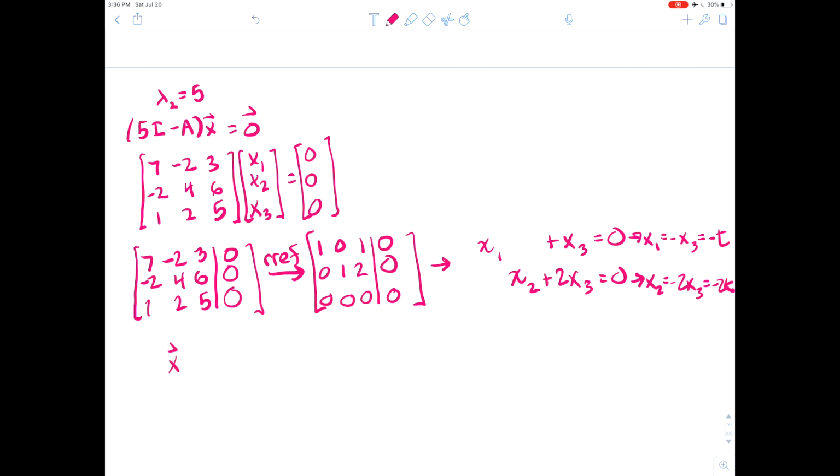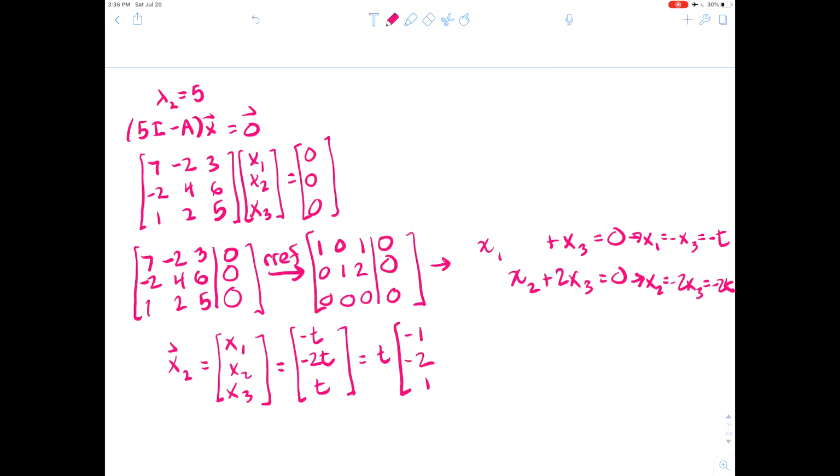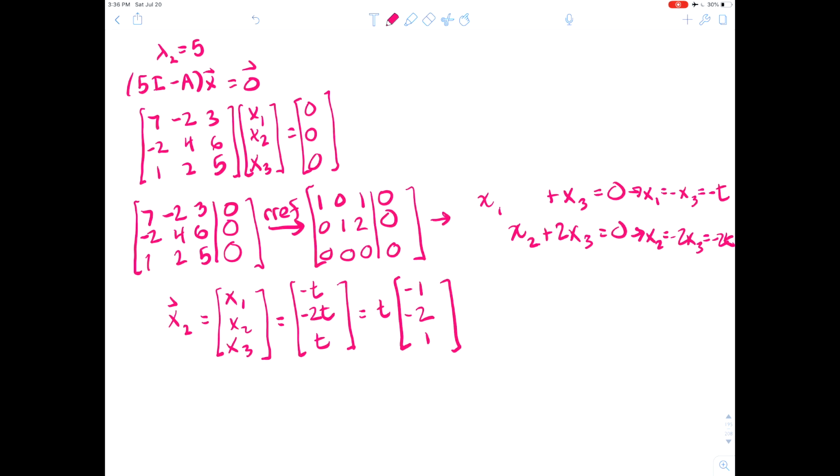So our x vector is equal to x1, x2, x3, which will be negative t, negative 2t, and t. And if I bring the t outside, I'll have negative 1, negative 2, and 1. Cool so far?